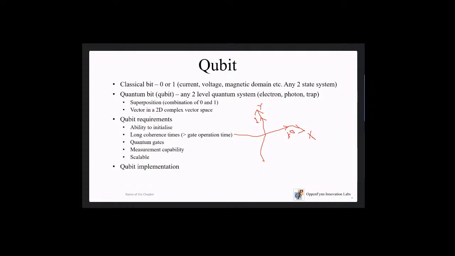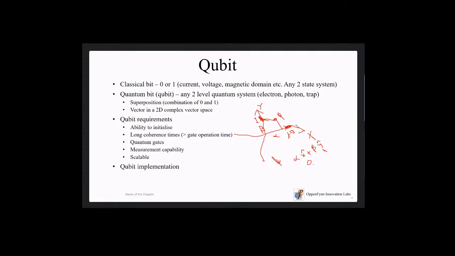So this is how you would write it as a vector, right? It's exactly the same for a qubit, except that in this case, instead of x you would have 0, and instead of y you would have 1. That's the way you would represent the qubit q here.